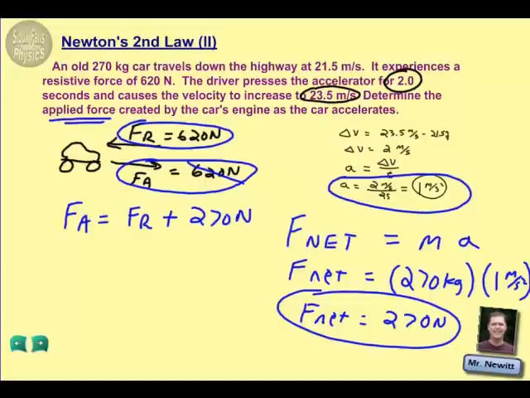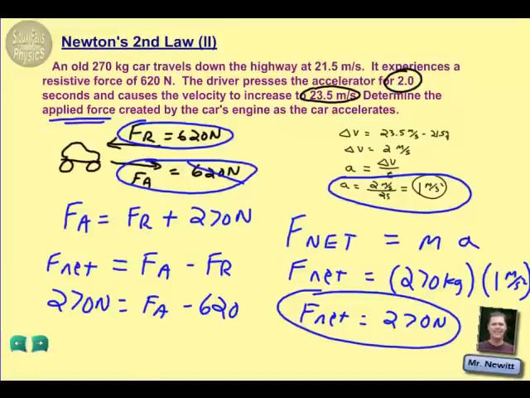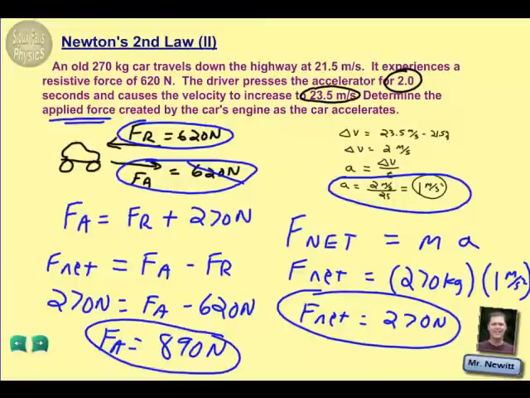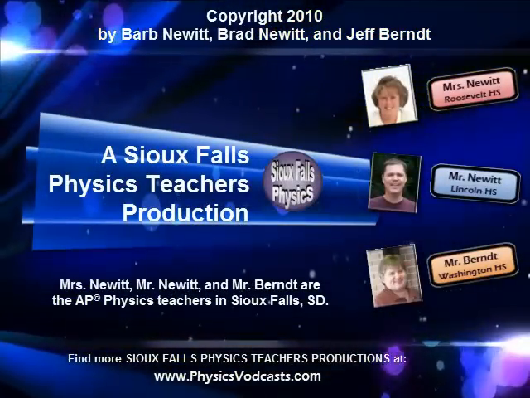Another way of thinking about this is that F net is equal to my applied force minus my resistive force. If I know the net force is 270 newtons and my resistive force is 620 newtons, then 620 plus 270 gives me my applied force, which in this case is equal to 890 newtons.